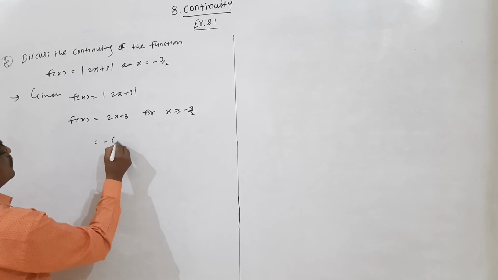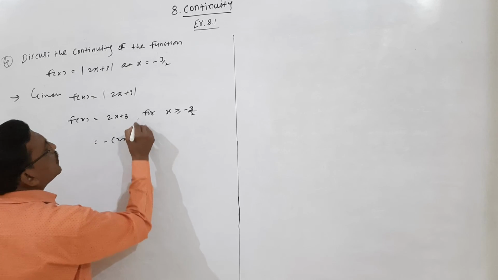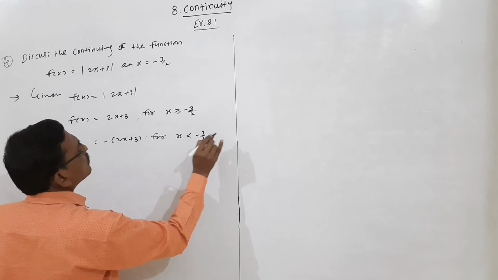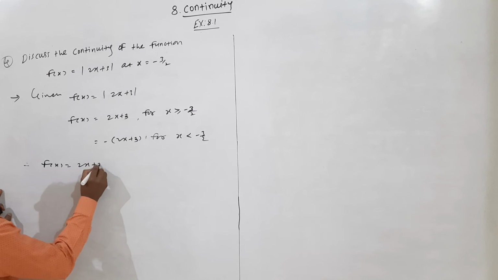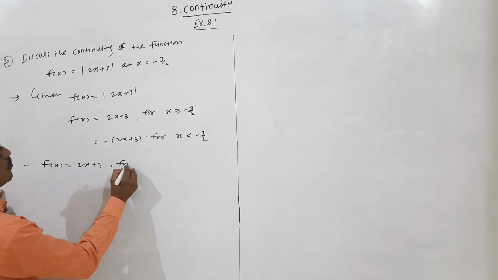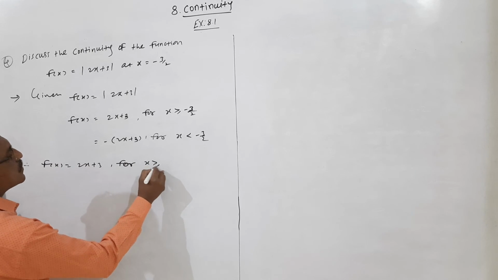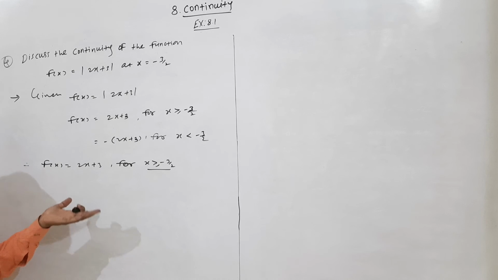Or when the function is negative, its interval is x less than minus 3 by 2. First of all we take the first case. Therefore, function f of x equal to 2x plus 3 for x greater than or equal to minus 3 by 2.